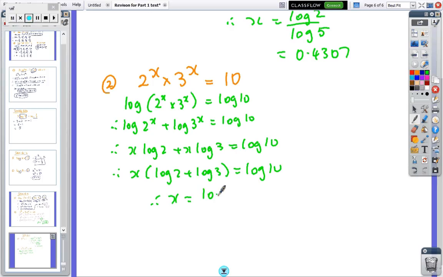So x equals log 10 over log 2 plus log 3, which you need to put in brackets. And we'll have a go. So log 10 divided by open bracket, log 2 plus log 3, close bracket equals 1.2851.